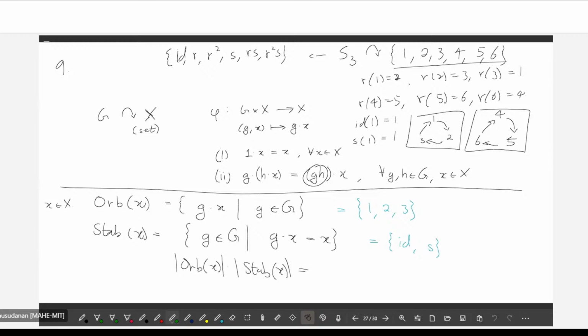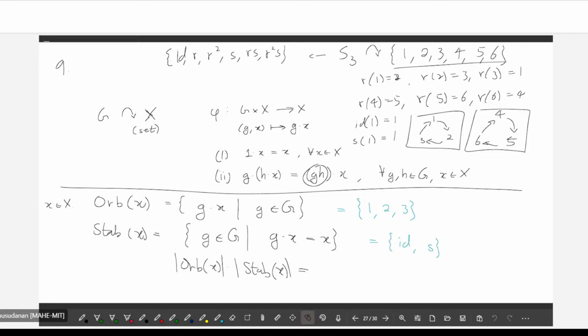That means that there is a multiplication involving one element from the group and one element from the set, which results in an element of the set. Think of X as a set of points, and G is acting on X. So every group element acts on a point in the set to give you another point in the set.